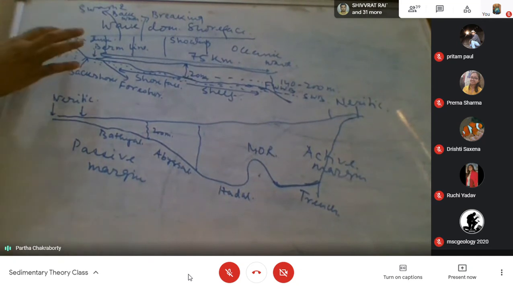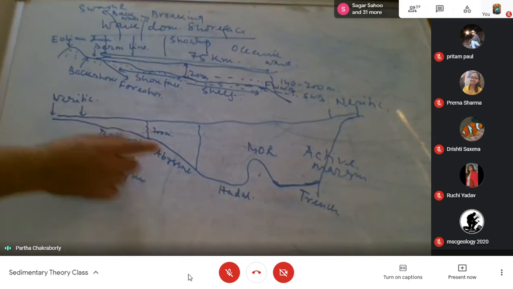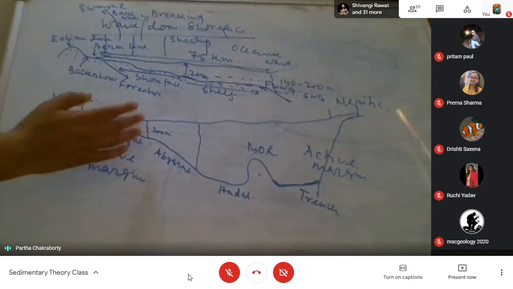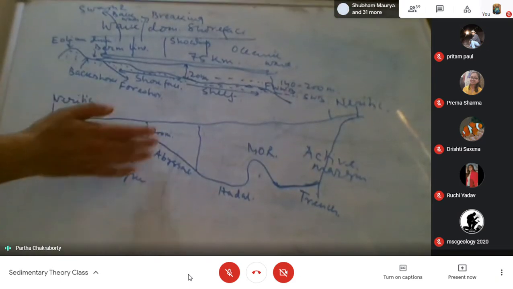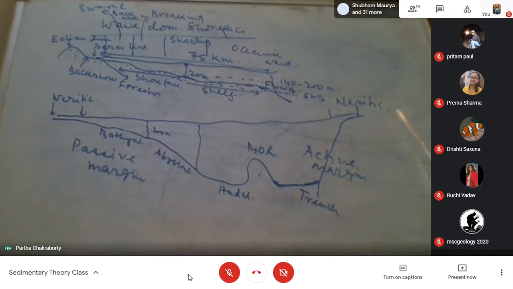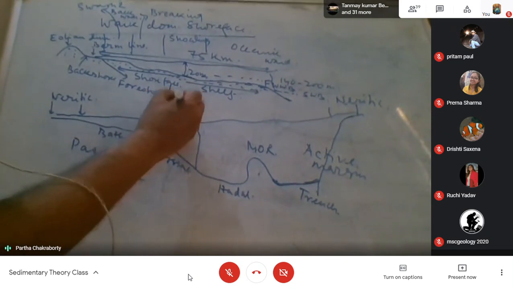Now, what you can see is a neritic, that is shallow marine setting, and then you have bathyal, abyssal, and hadal. The bathyal goes from 200 meters to 3000 meters on the continental slope. What is the general slope? In the shore face it is about 0.1 degree.